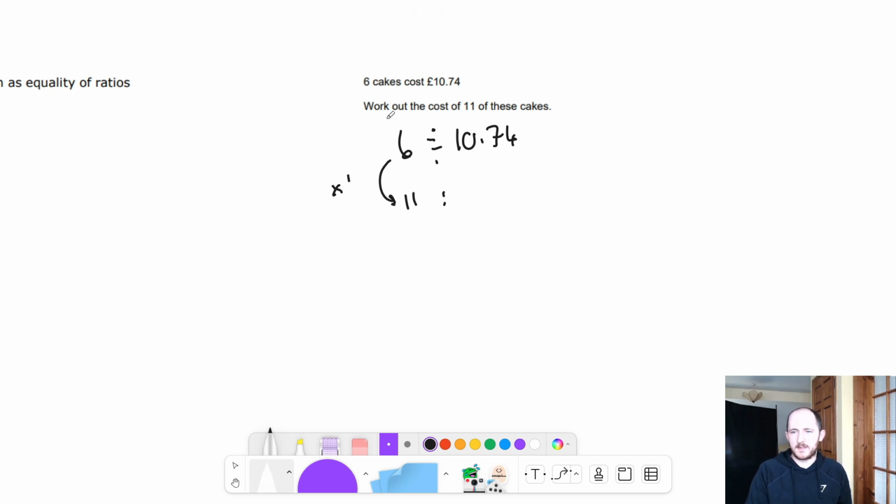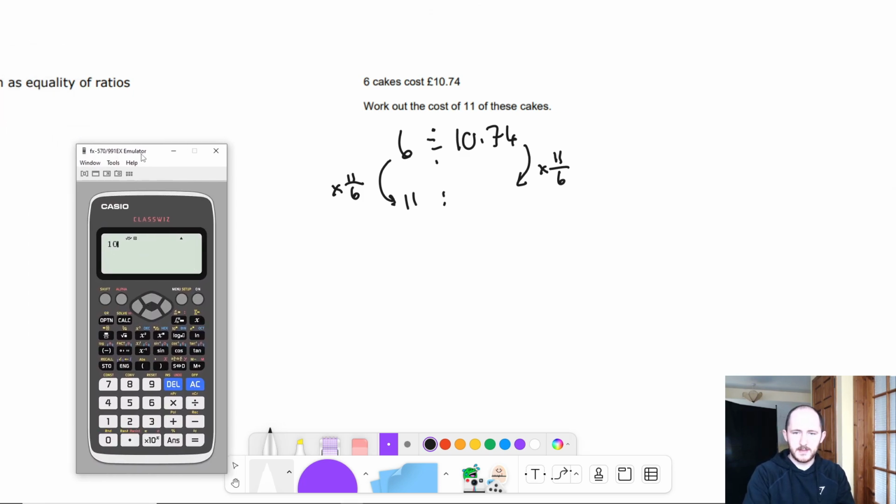So in this case, I'd have to times by 11 over 6. How did I get that? Well, I just take this number and divide it by this number to work out what I times it by. So I'm going to do the same thing to the other side, times by 11 over 6. And that will give me the price of 11 cakes. So 10.74 multiplied by 11 over 6, which is 19.69.